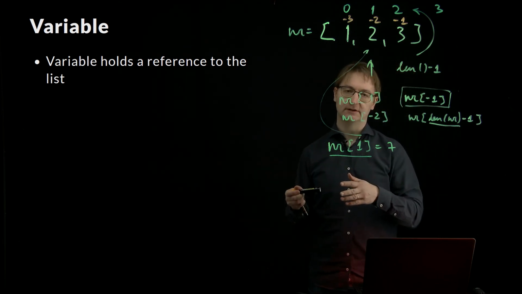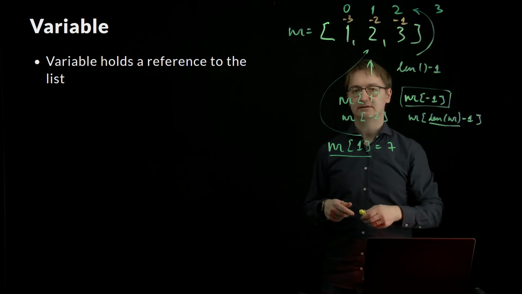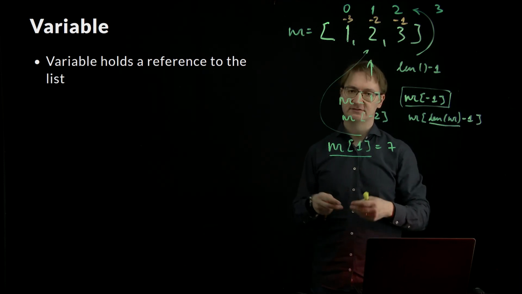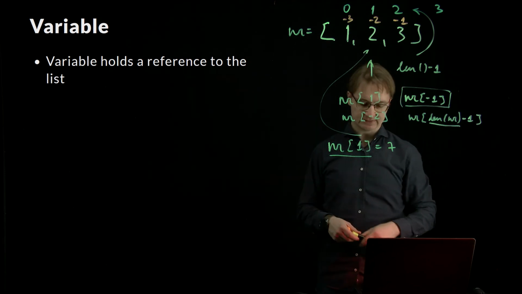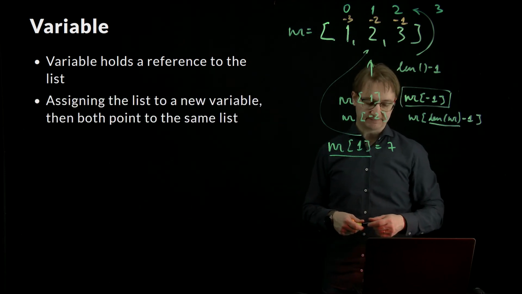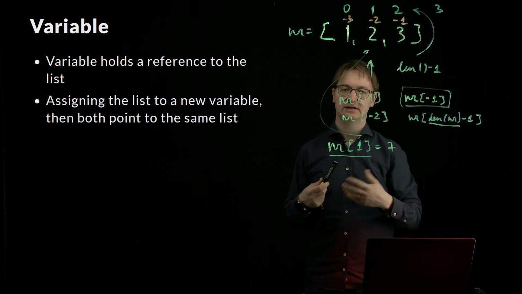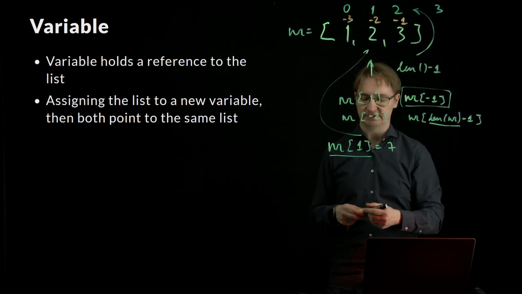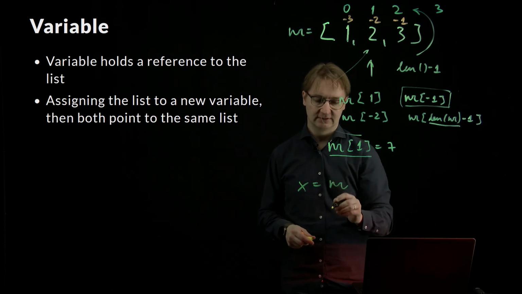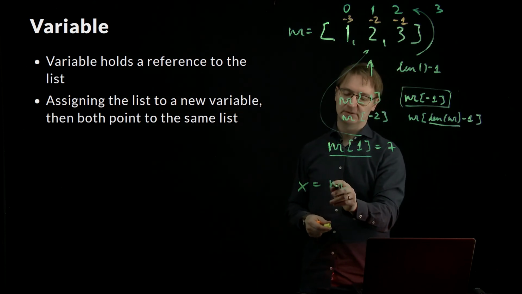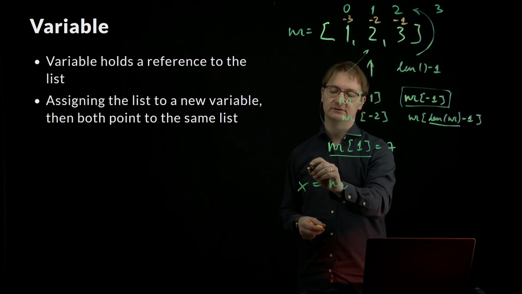In Python, a variable, for example this variable here, holds the position or points to the list in memory. So basically it's a reference to the list. And if we assign the same list into another variable, for example x, then both point to the same list.